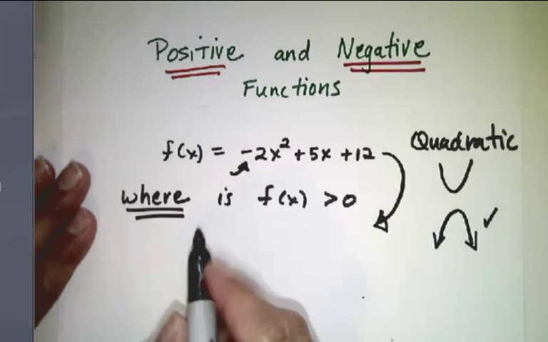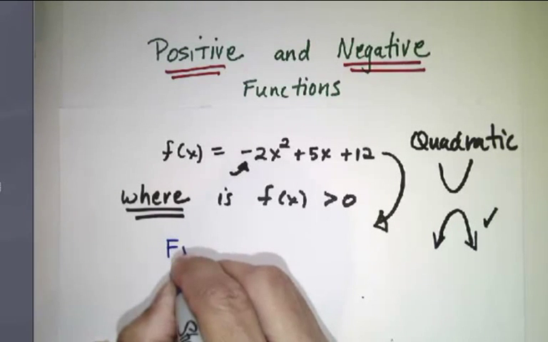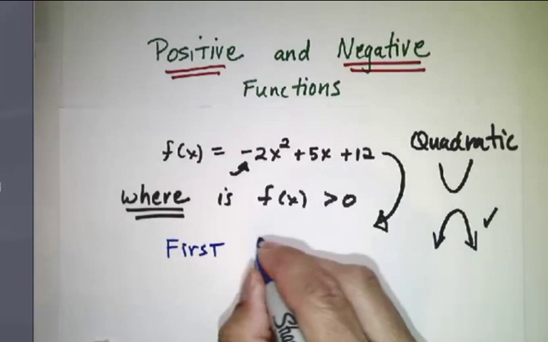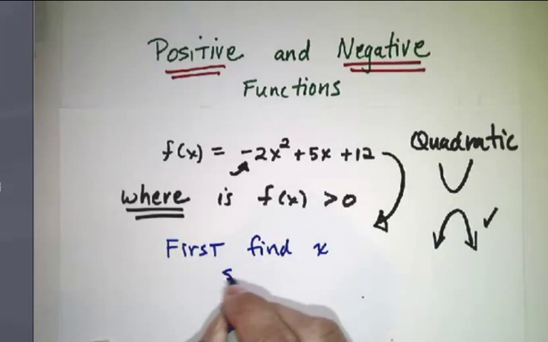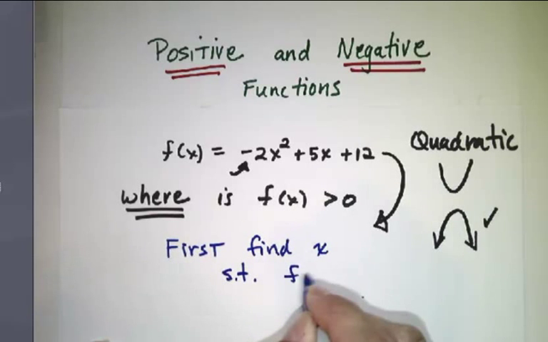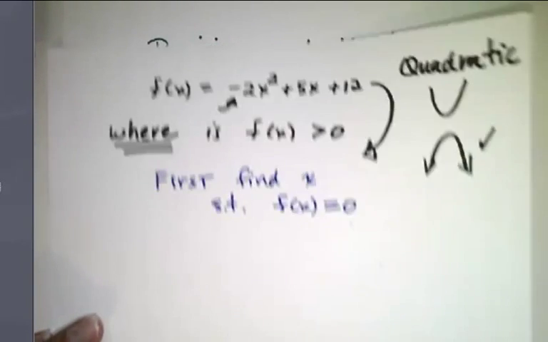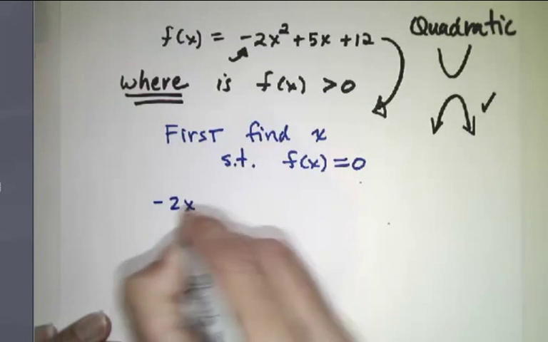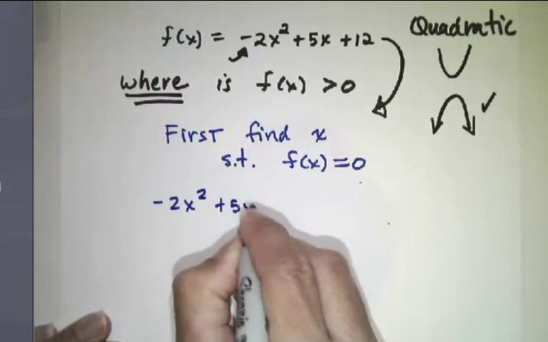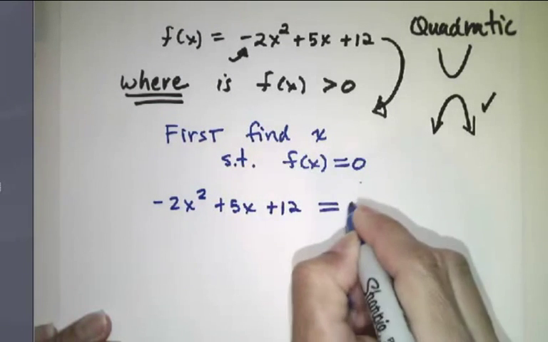So what we're going to do is first find the x's such that f of x equals 0. And we're going to do that by taking our formula, minus 2x squared plus 5x plus 12, and setting it equal to 0.